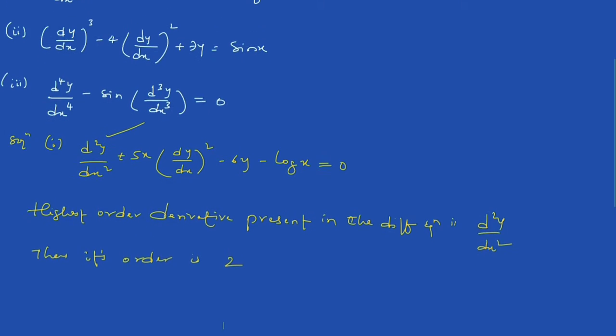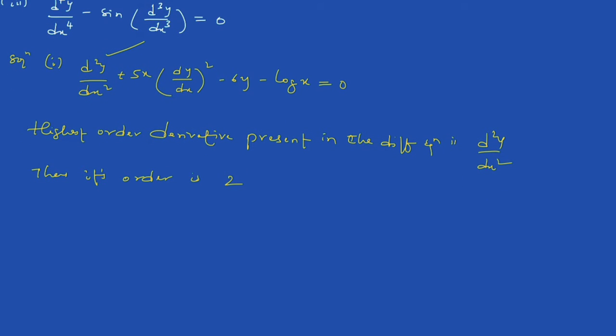Now we got the order. Next, if it is defined, we can find its degree also. The highest power raised to d2y upon dx square is what?